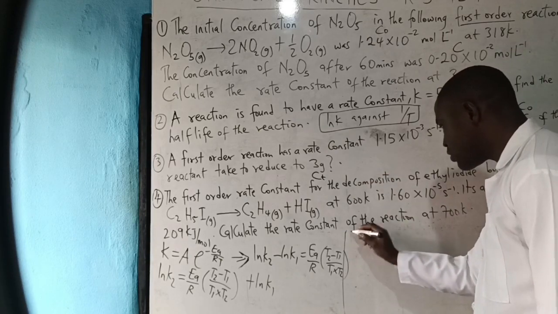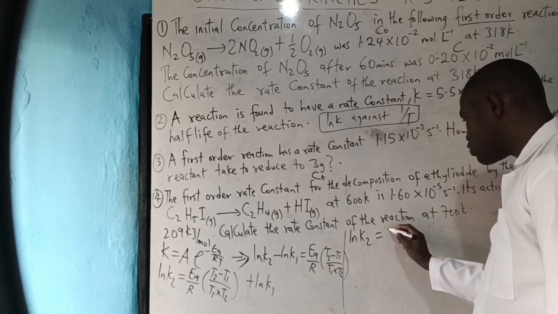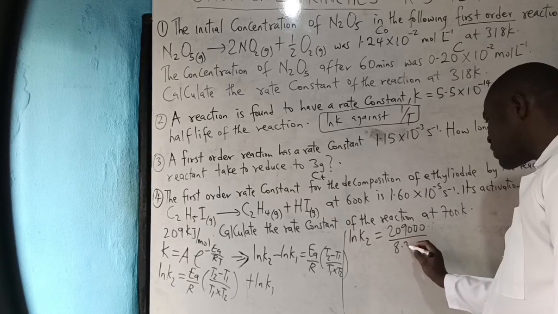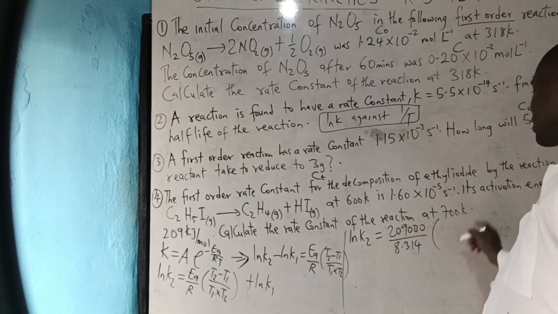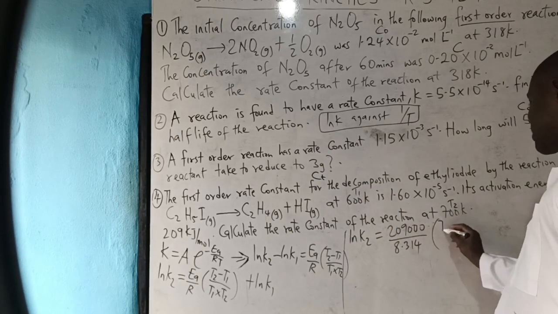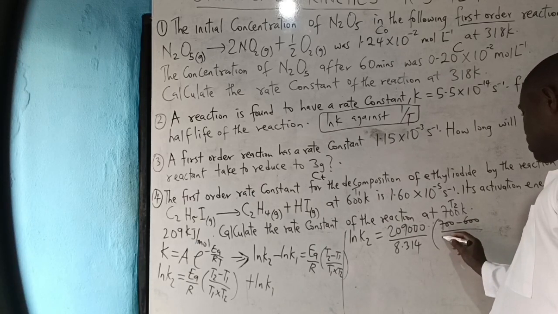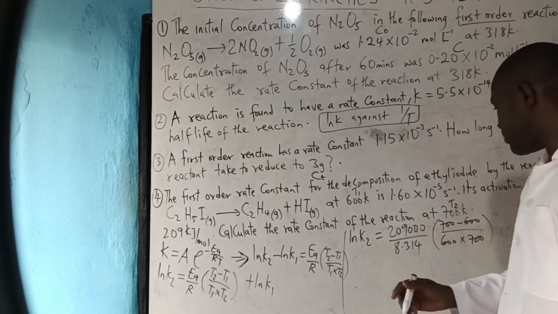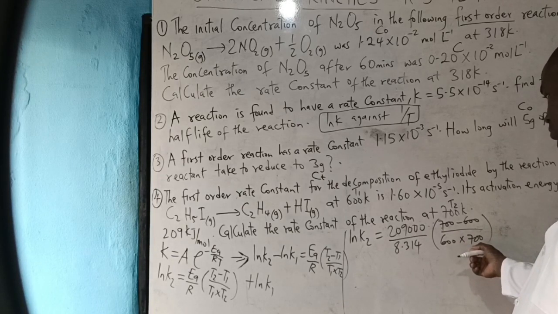So ln k2 will equal 209,000 all over 8.314. This R is the universal gas constant. Now, this is your final temperature, which you are looking for, and this is the initial temperature. So it is 700 minus 600 all over 600 times 700. 700 minus 600 is 100, over 420,000, right?